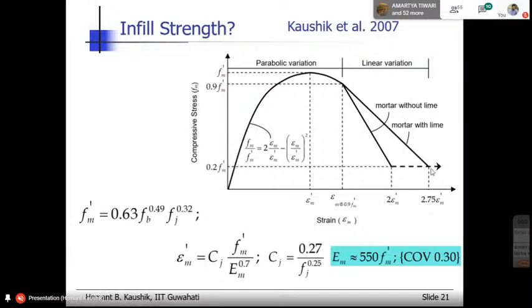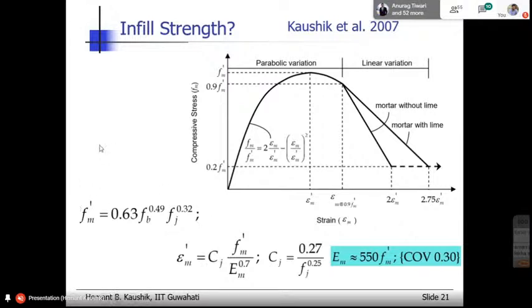And of course, the modulus of elasticity is 550 times Fm prime. That was also observed during the test. So this is how we define the infill strength. But if you're not interested in the entire stress strain curve, you just remember this equation that gives you the strength of masonry.